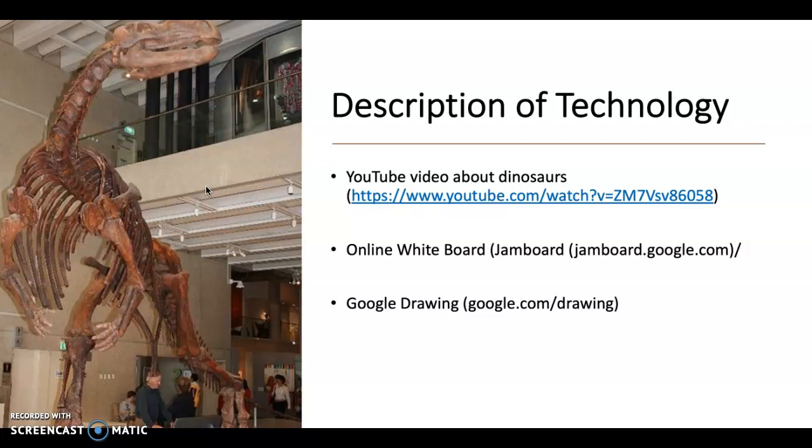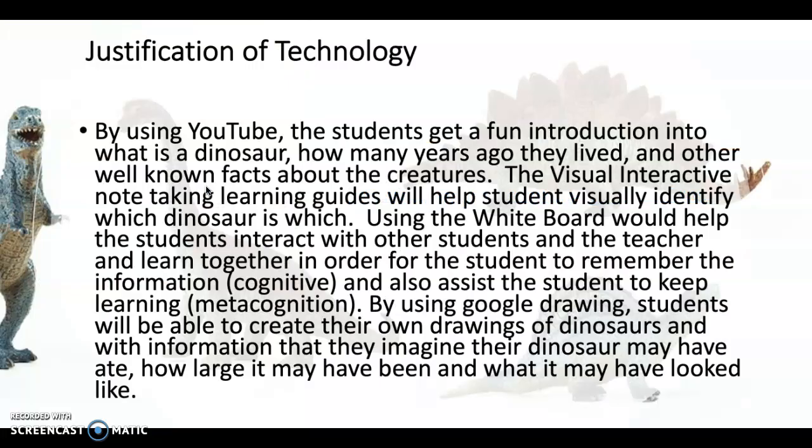The description of the technology would be that the students would watch a YouTube video, and then we would move to a whiteboard for Jamboard, and also move to Google Drawings.